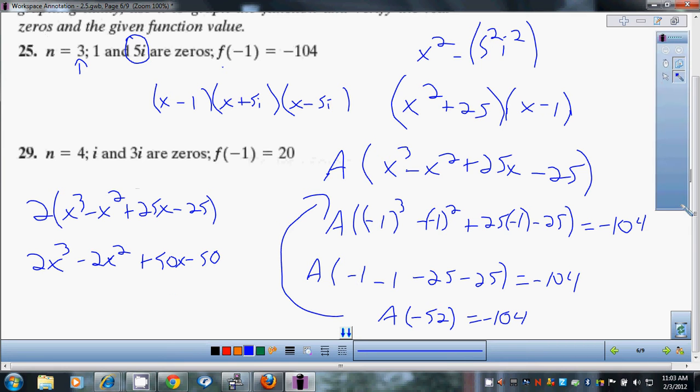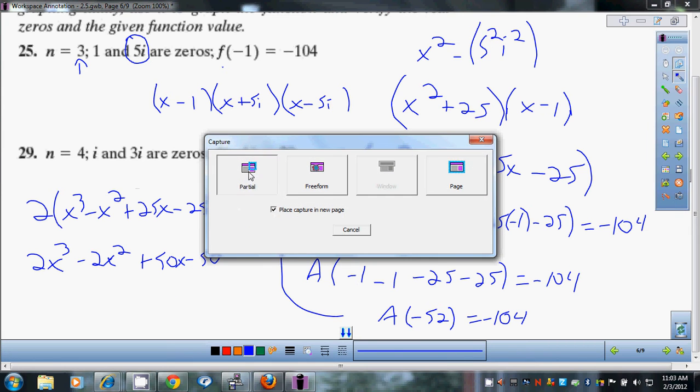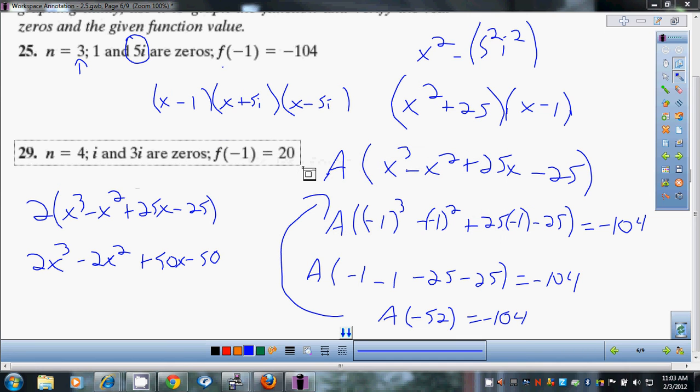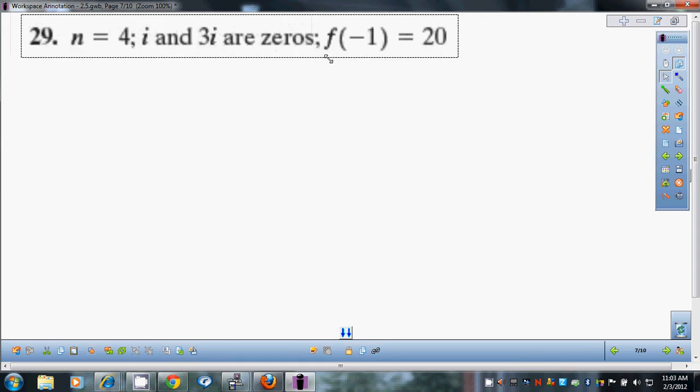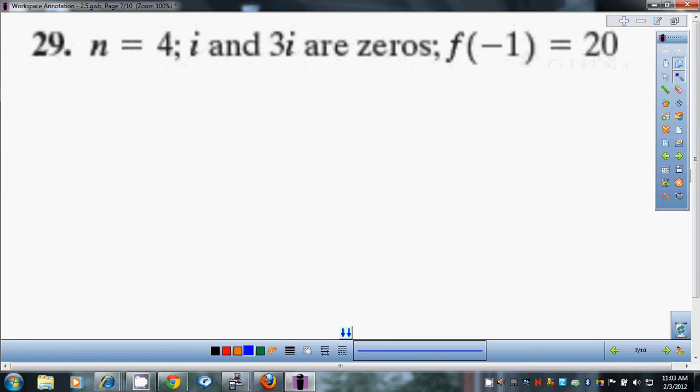Let's look at 29. Now again, all imaginary roots come in pairs. So, what are my 4 roots here? Plus i, minus i, plus 3i, and minus 3i.